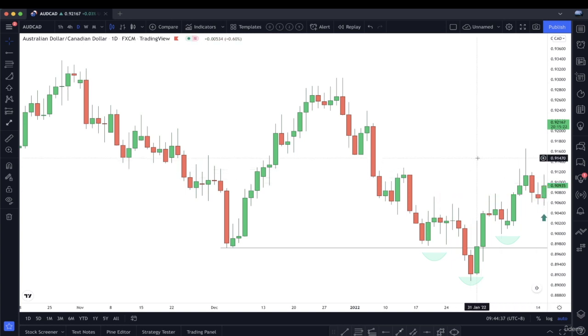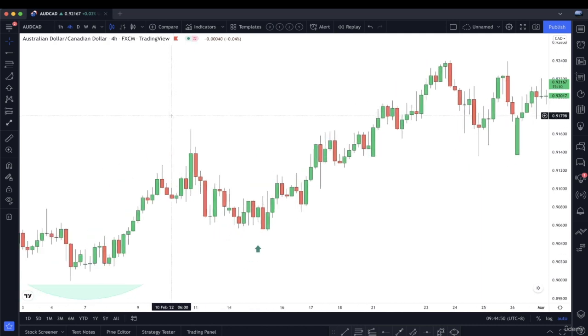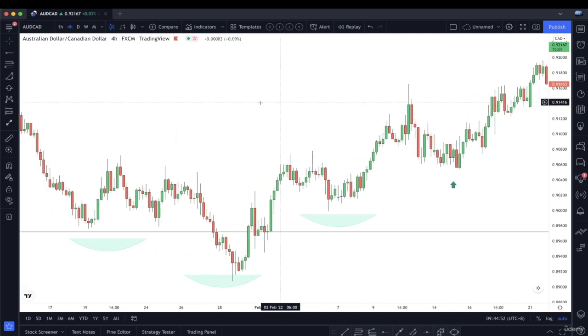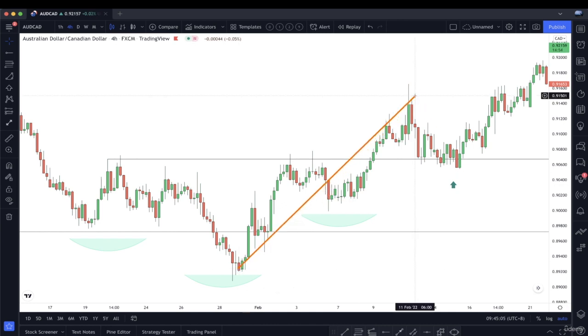Now we can also look for confirmation on the intraday time frame, let's say 4 hour or the hourly time frame. So this is what happened on the lower time frame. This is our head and shoulder breakout, higher high, higher low, a very impulsive move to the upside, followed by a corrective move that formed a falling wedge, right?